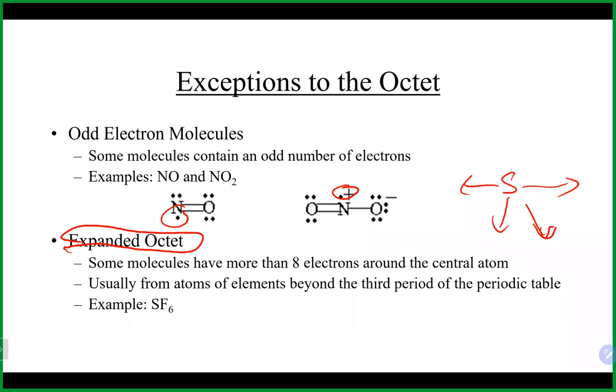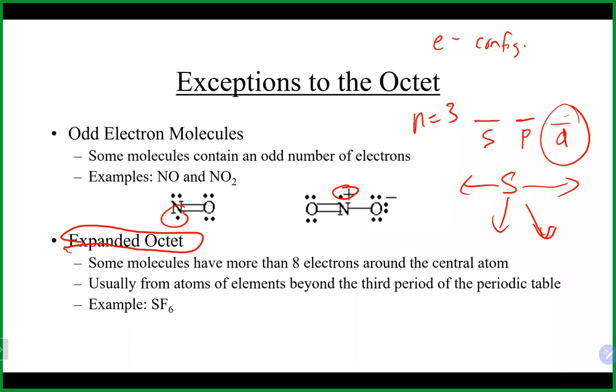And the reason they can go above 8 has to do with the electron configuration. Sulfur is in period number 3 of the periodic table, which means it's on the 3rd energy level. In terms of orbitals, what orbitals are available on the 3rd energy level? There are s's, p's, and it's the 3rd energy level where d's start to occur.